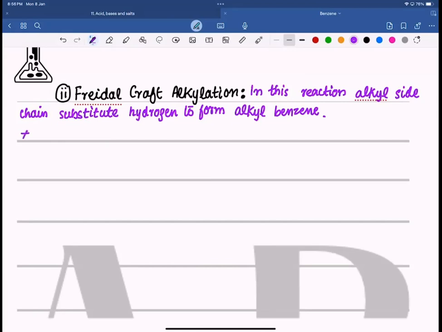If an alkyl side chain is substituting the hydrogen from the benzene, what will be our electrophile? Alkyl, obviously, because the electrophile always substitutes the hydrogen.